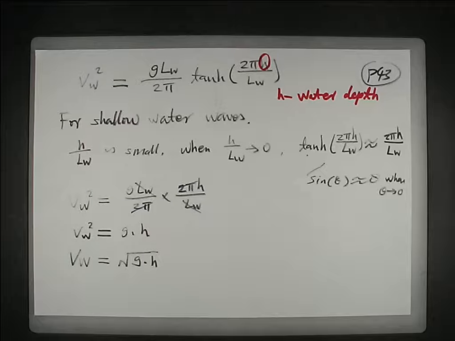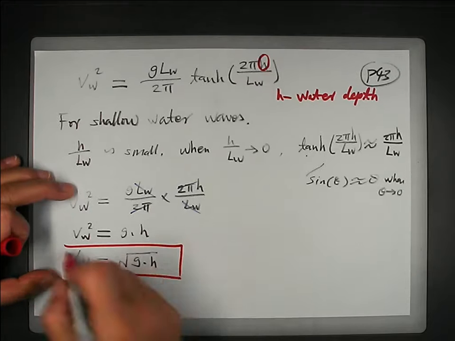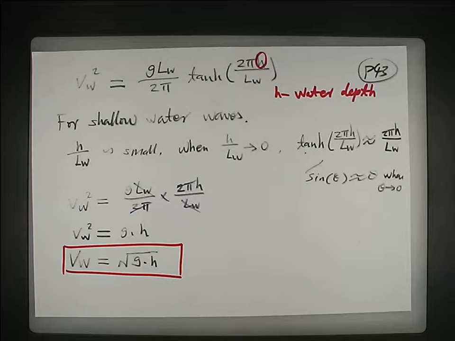So from this equation derivation, we know for shallow water waves, the velocity is determined by water depth, because acceleration of gravity is constant. This is a very important conclusion. It only varies with water depth.